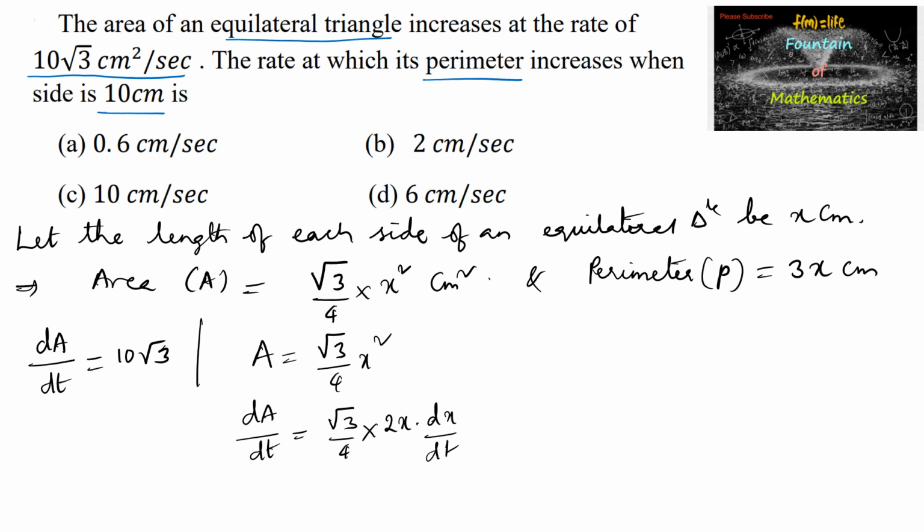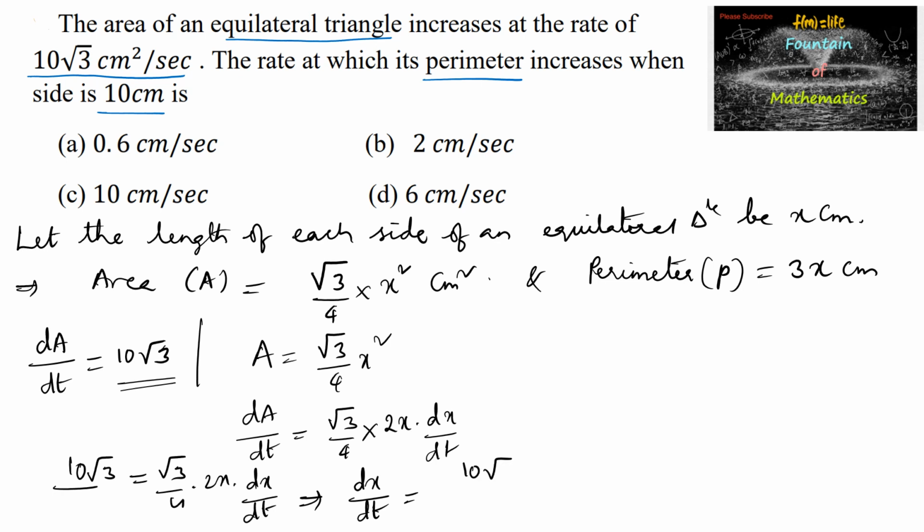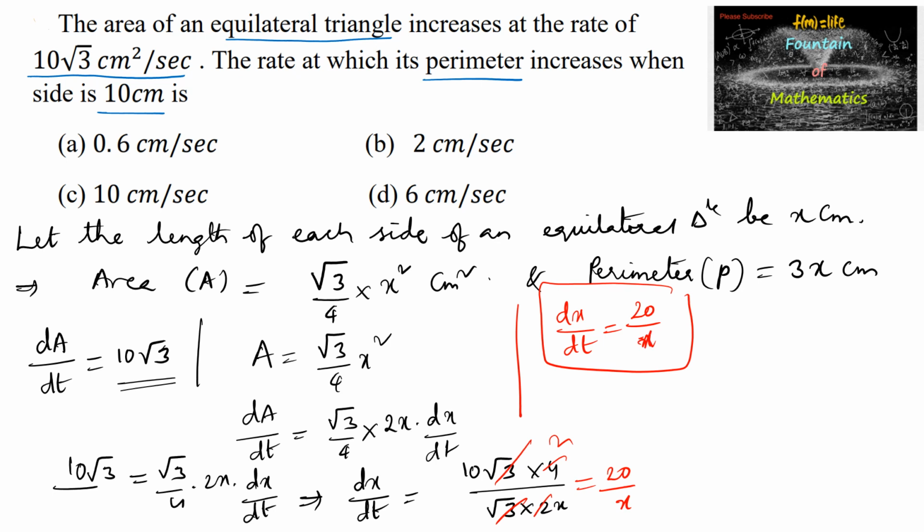Substituting 10 root 3, we get 10 root 3 is equal to root 3 by 4 into 2x into dx by dt, or dx by dt is equal to 10 root 3 into 4 divided by root 3 into 2x. On simplifying, it is 20 upon x. Let us keep it aside: dx by dt is equal to 20 upon x. Say this is 1.